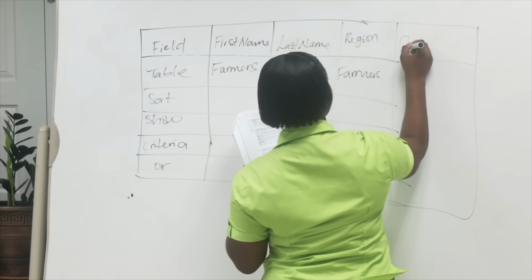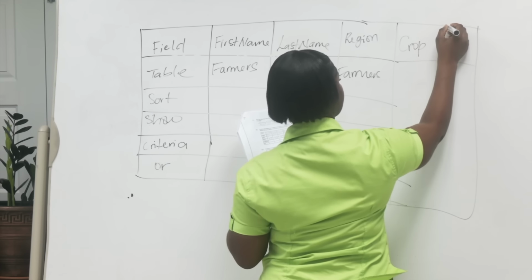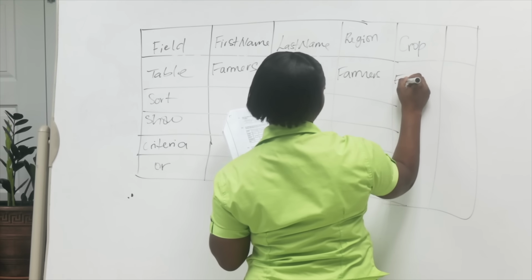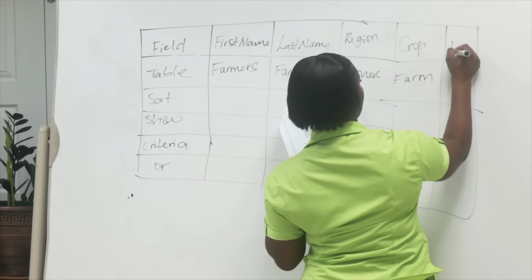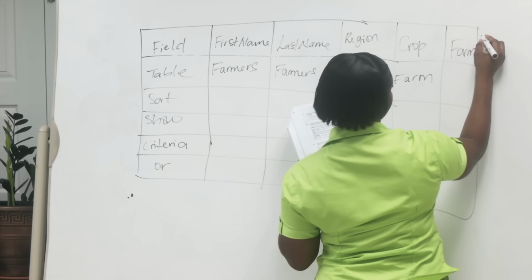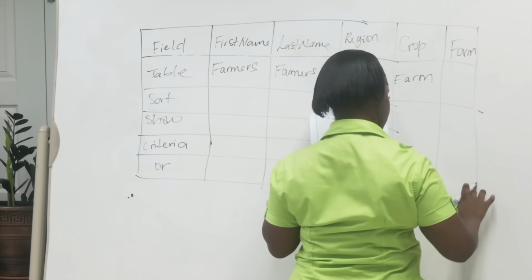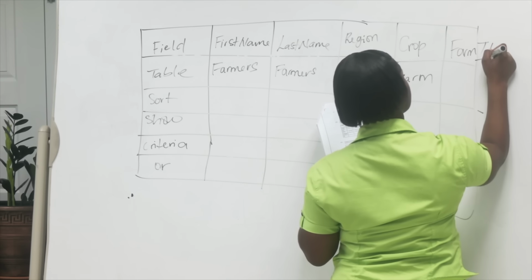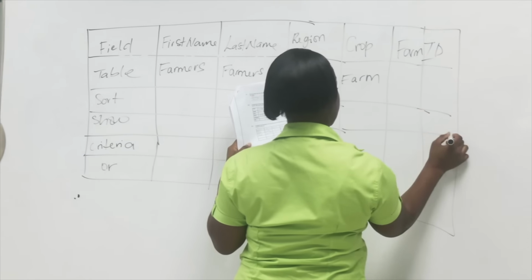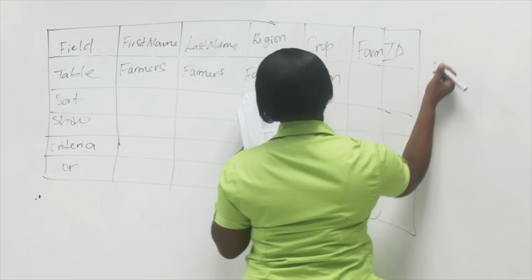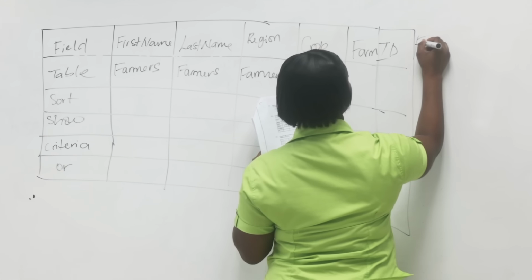We have crop, and that comes from the farm table. We have farm ID, and then we have our farmer ID.